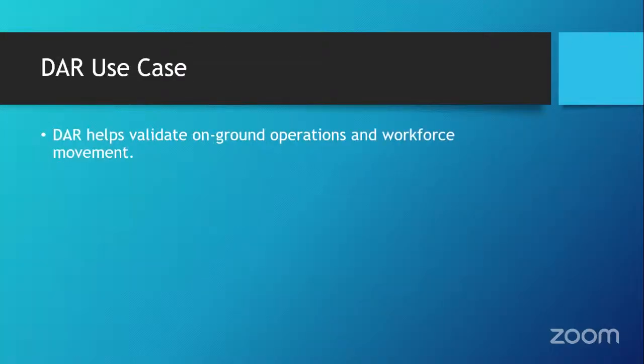Now, use case. Use case means validating on-ground operations and workforce movement. A good example for the daily activity report is validating on-ground operations and workforce movement. If there is some kind of work going on in the field, let me give you the example of the telecom industry, where there is rigorous work on the ground. That activity falls into the operational areas, which is field work.